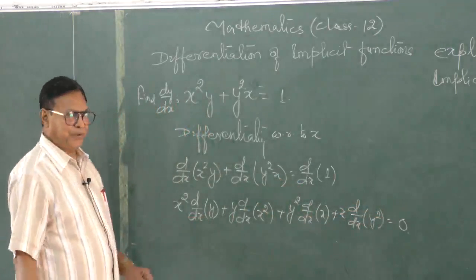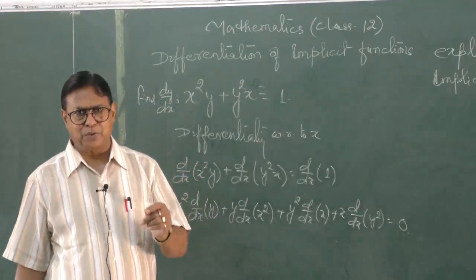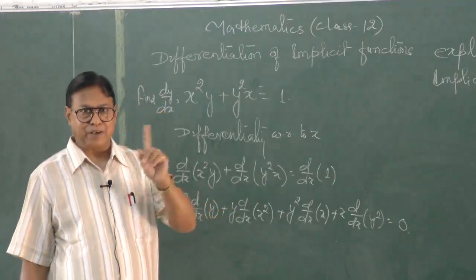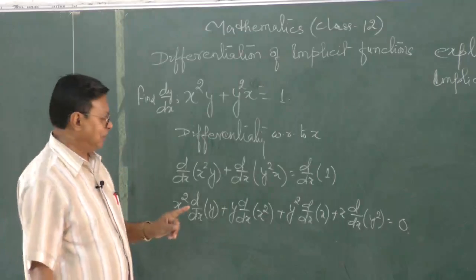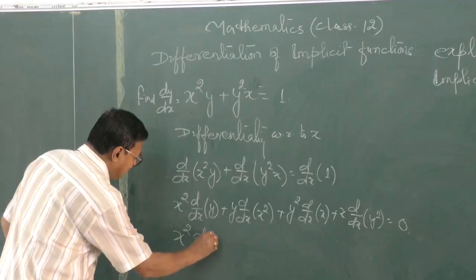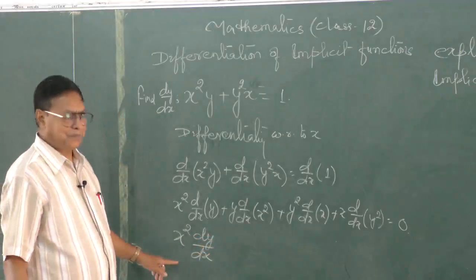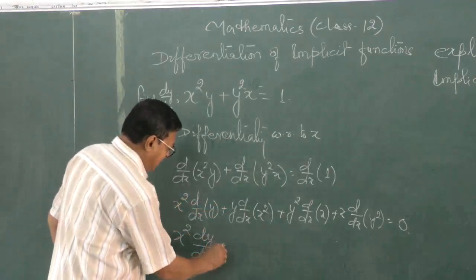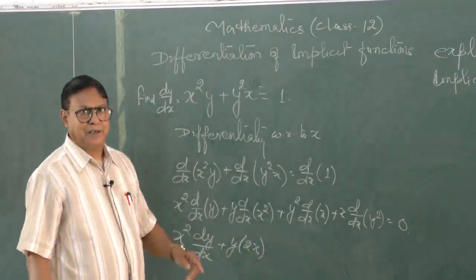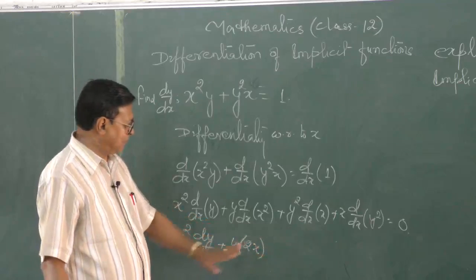Now, differentiation of x with respect to x is 1. Differentiation of y will also be 1, but then the factor dy by dx has to be multiplied here. So, this remains x square into differentiation of y with respect to x, which is dy by dx. Here y into differentiation of x square is 2x. We do not write dx by dx or dy by dx. Okay, dx by dx is 1, so that is it.